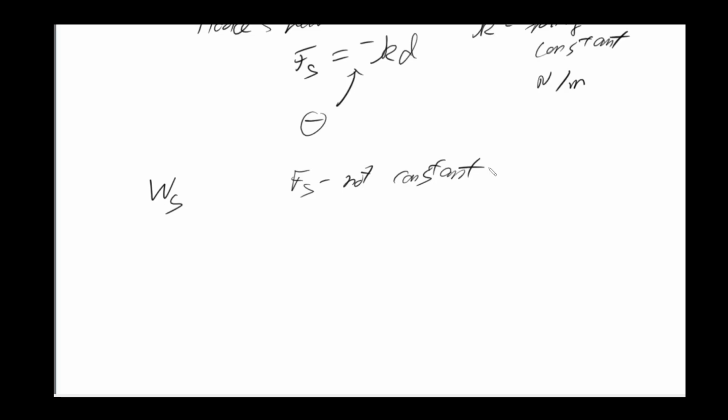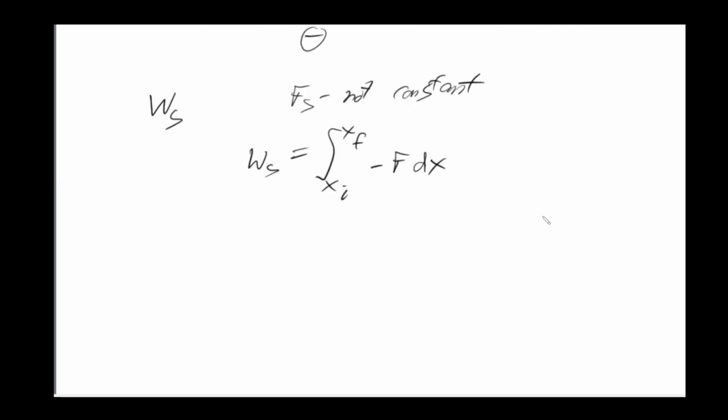So we have to use calculus to define and find the work. In this case, the work done on a spring is equal to the integral from initial position to final position of minus F dx. And we're assuming that the spring is going in the x direction only.